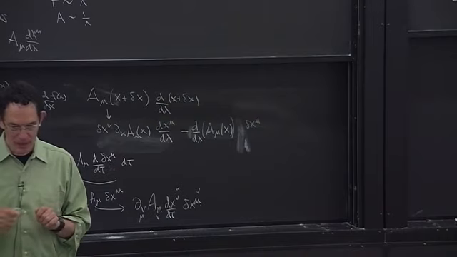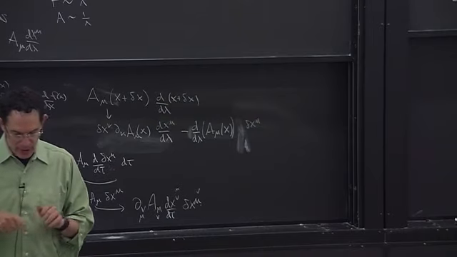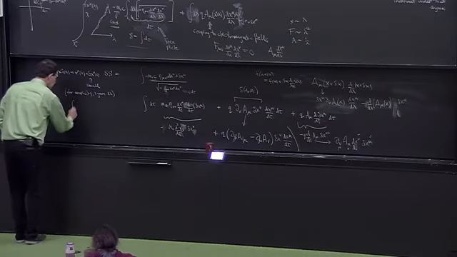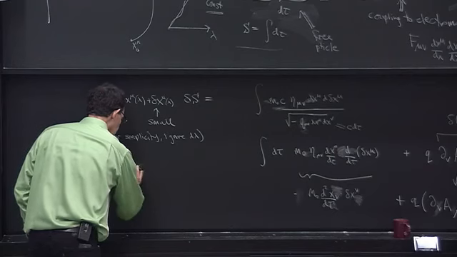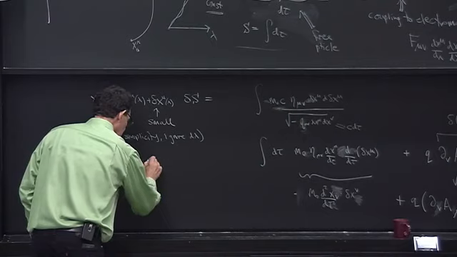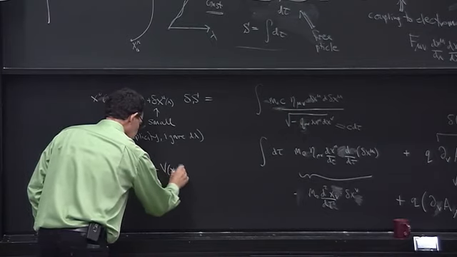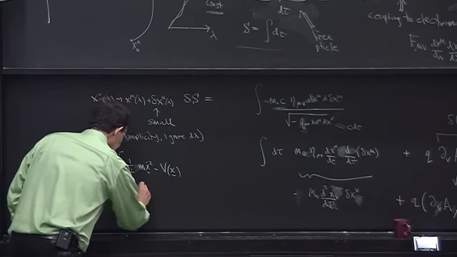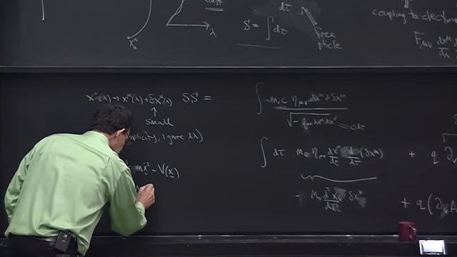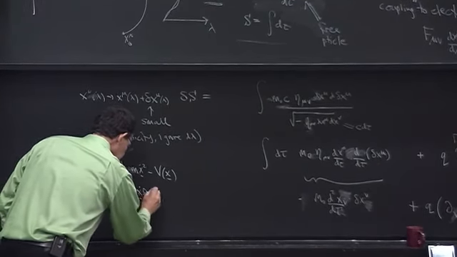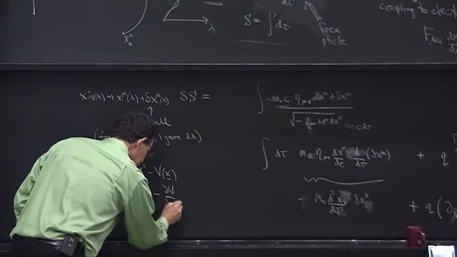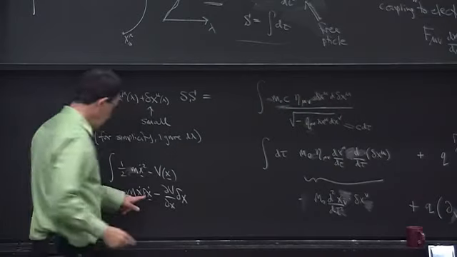The statement is that when you vary an action, just think about classical mechanics. We do half m x dot squared minus V of x. How do I get the equation of motion? I vary it. I get m times x dot delta x dot minus dV dx delta x.